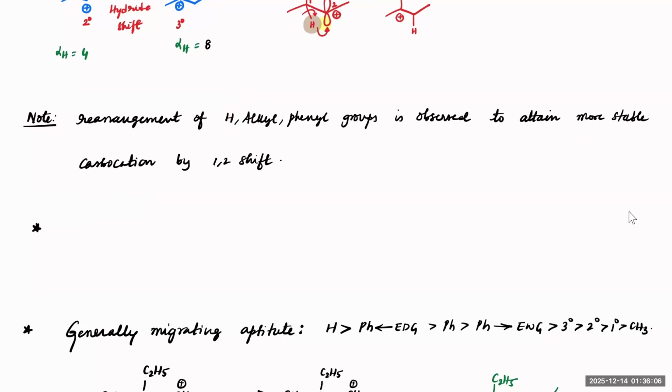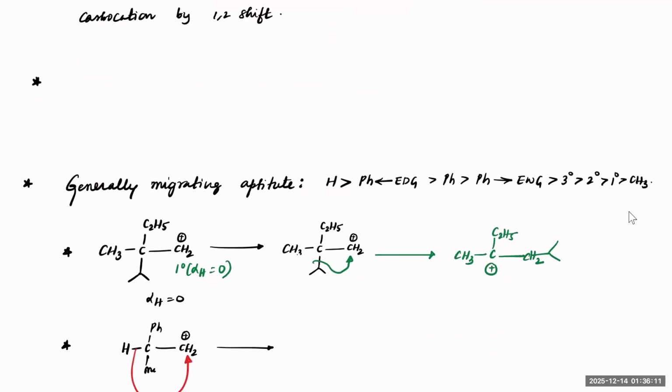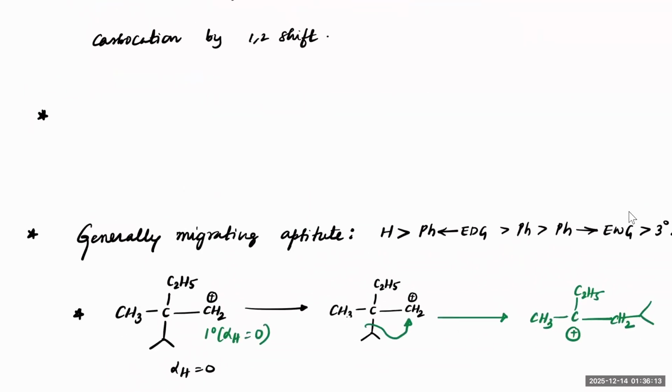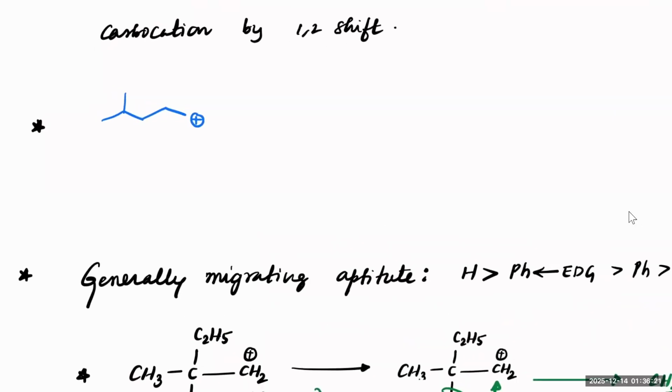Okay. To attain a 1-2 shift, typically this is what you will notice. Okay. Let me show you one more example here, how the shift takes place. For example, if at all I have a carbocation at this position. Okay. Now, from here, let's say, what is the number of alpha hydrogens? Here we have 2.